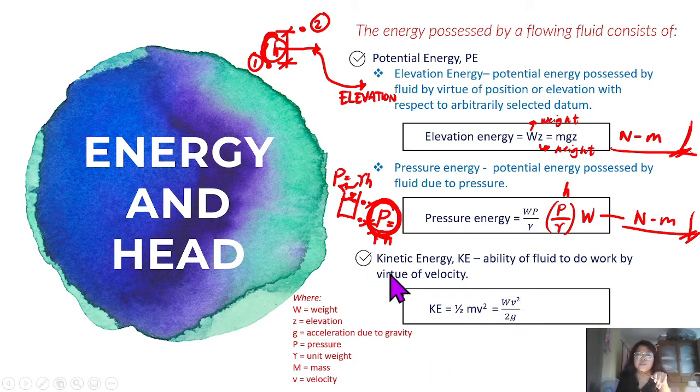Having finished potential energy, let us proceed to kinetic energy. As I said, it is when the fluid is moved. It is the ability of the fluid to do work by virtue of velocity.